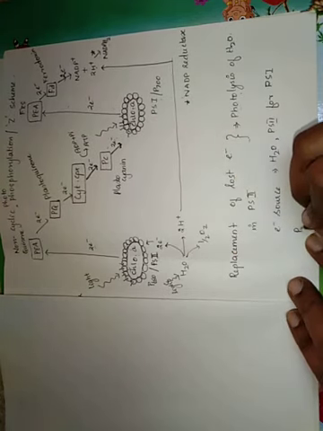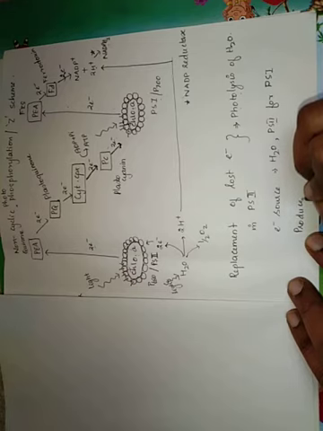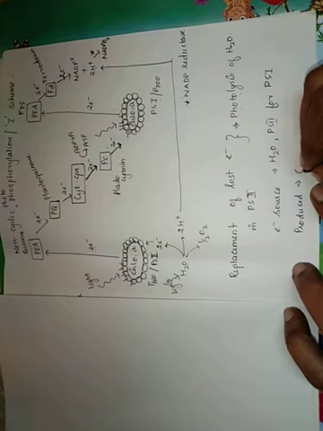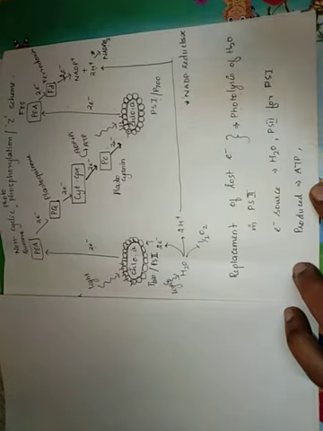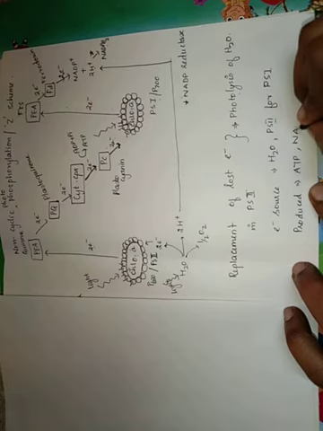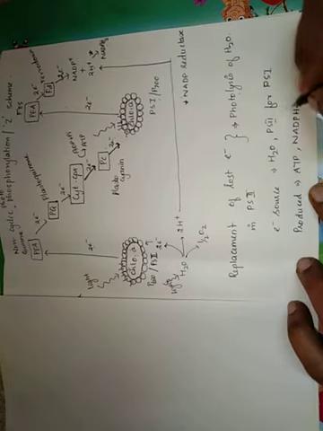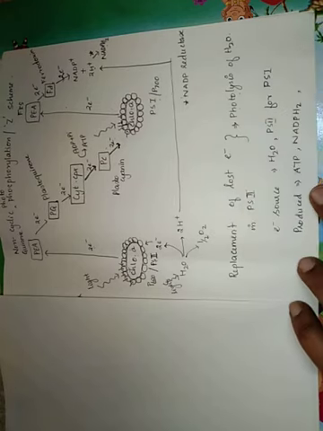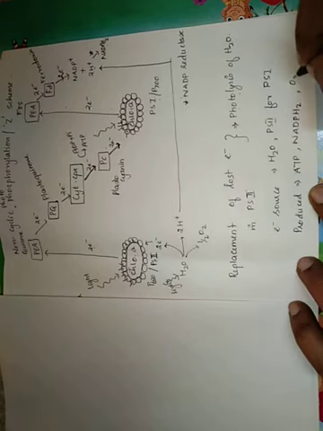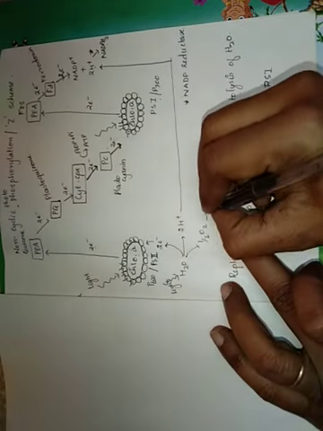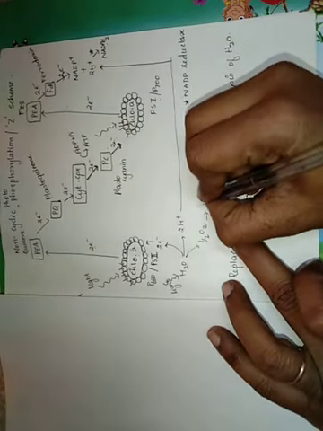So what is produced as a result of non-cyclic photophosphorylation? ATP is produced; ATP production happens. One more, NADPH2 is produced, finally the reducing substrate NADPH2. One more, a half oxygen molecule evolves. This half oxygen molecule will combine with another half oxygen molecule and they will diffuse out of the cell.